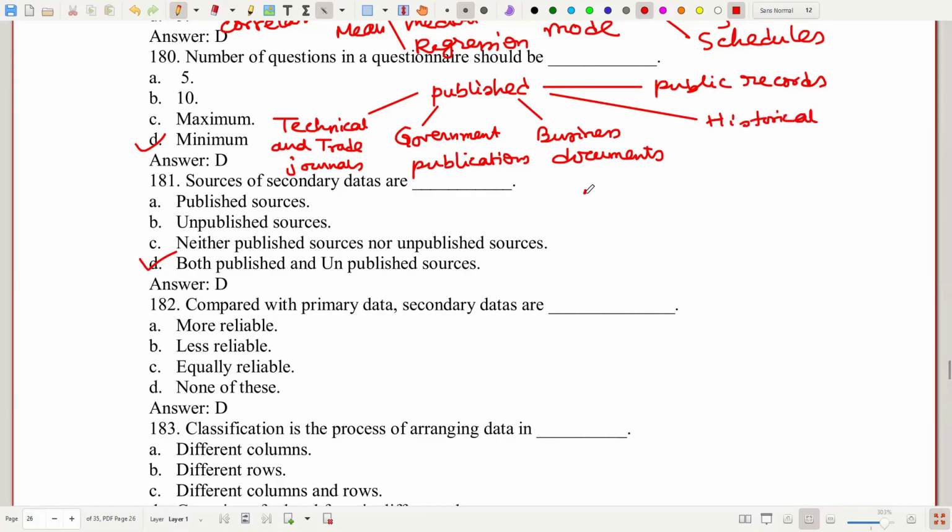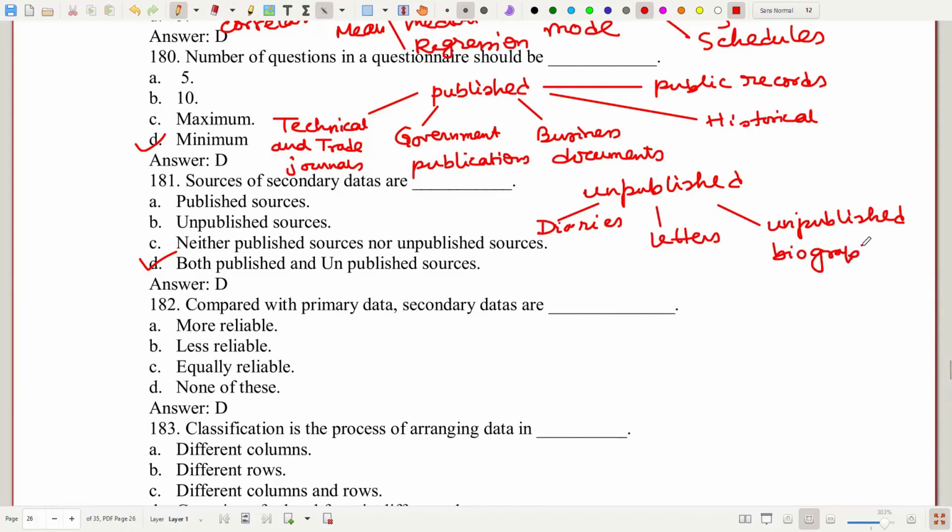And for unpublished, that may be the diaries, that may be letters, that may be unpublished biographies, etc. Compared with primary data, secondary data are more reliable, less reliable, equally reliable. No, none of these.